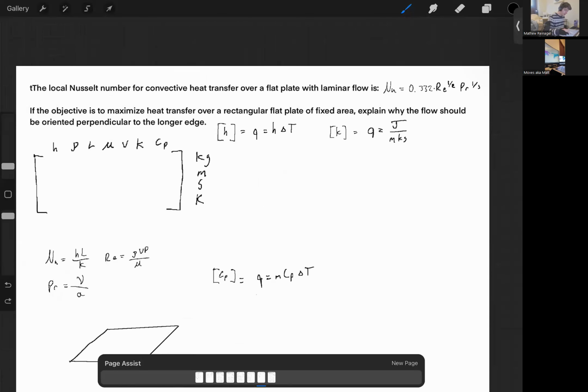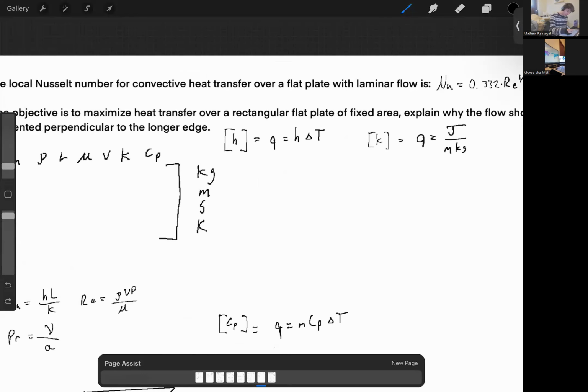So I'm going to look at the conductive heat transfer. This is heat flux equals the convective heat transfer coefficient times temperature. So this is joules per meter squared per second. And then to get just h, we would divide by temperature on both sides. Now we can turn joules into newtons per meter, and put that in meters squared per second per Kelvin.